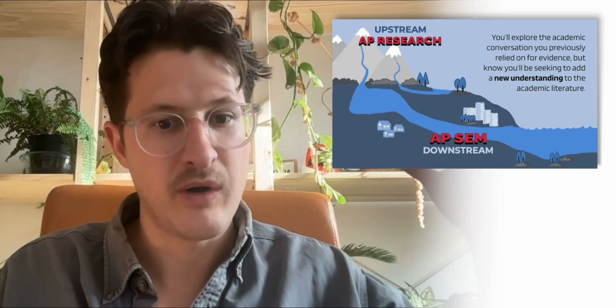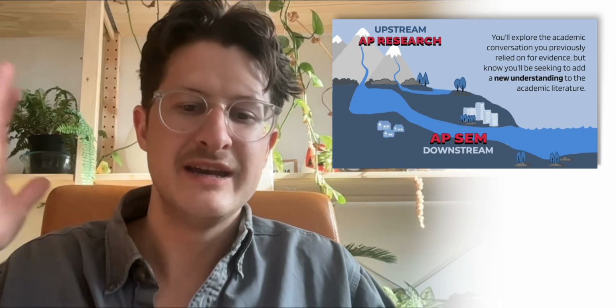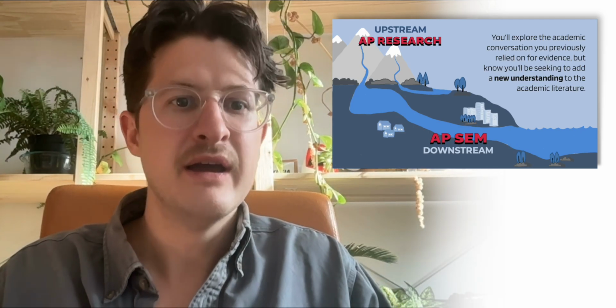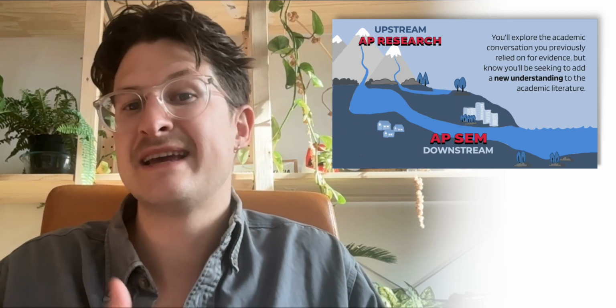So this simple chart here, you can see, upstream, AP Research, downstream, AP Seminar. It's also useful to note that this is what students tend to go towards as they head to undergrad and then obviously post-grad. We continually move upstream as we move through the academic pathways.